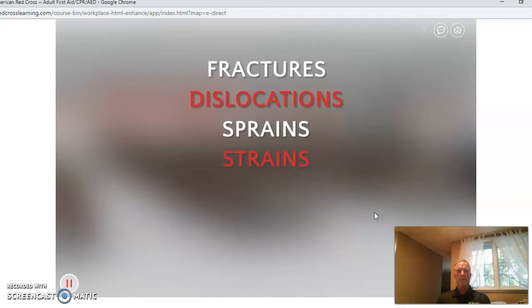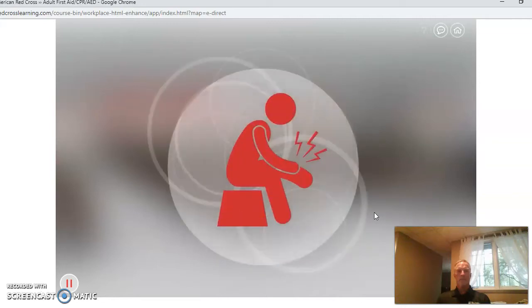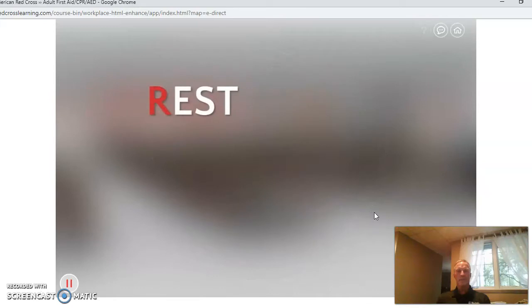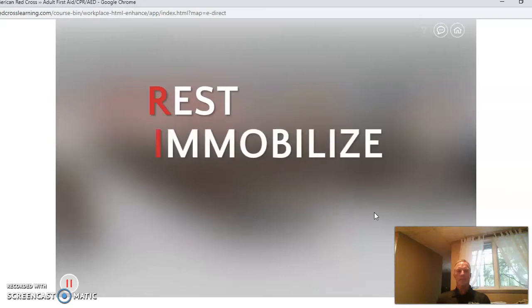When minor injuries don't require emergency medical attention, use the RICE method to care for injured muscles, bones, and joints. This stands for rest. Do not move or straighten the injured area. Immobilize. Stabilize the injured area in the position it was found. Minimizing movement can prevent further injury.